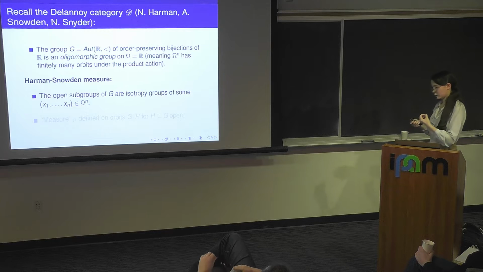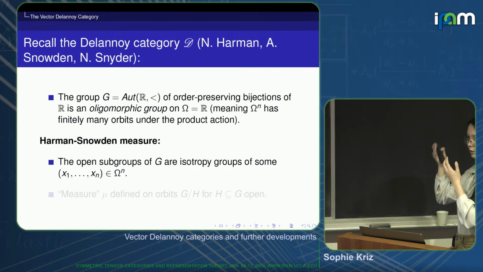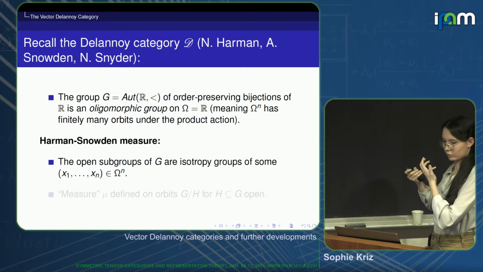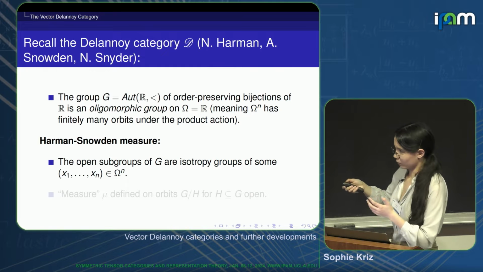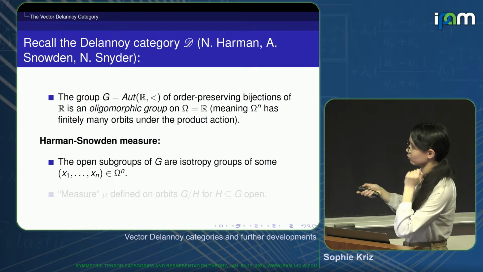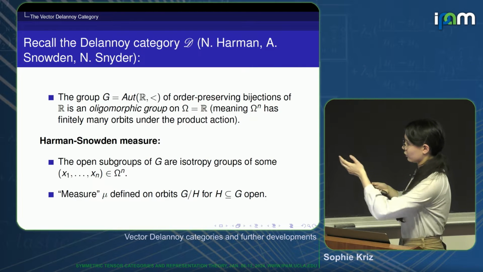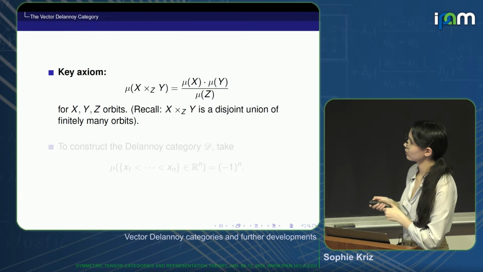With this topology, we want to construct these generalized indices or measure on these orbits G over open subgroups. In particular, for the Delannoy case, these isotropy groups will in fact be all of the open subgroups of G. So we want to define the measure mu of G over H for H in G open.